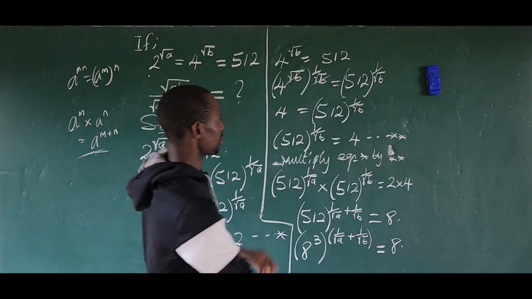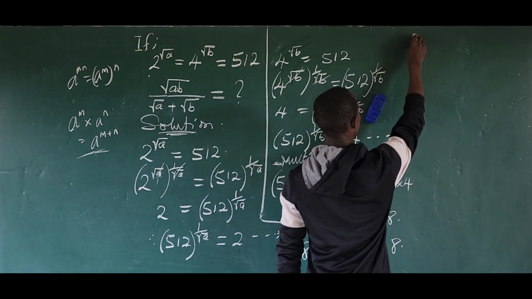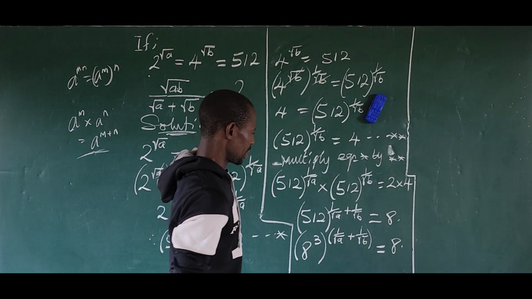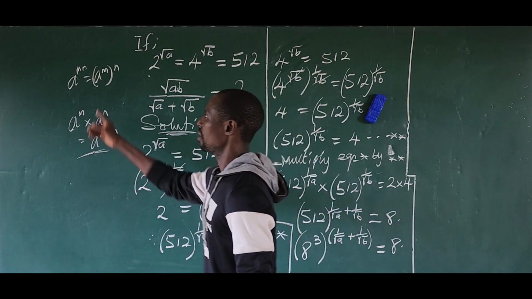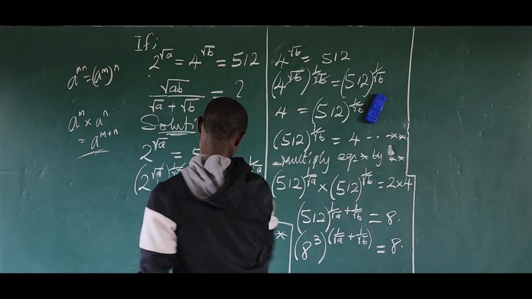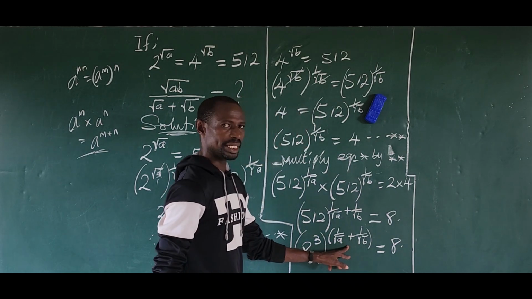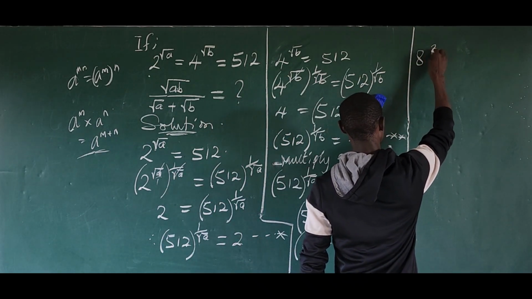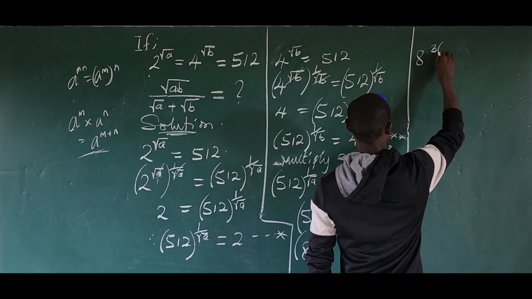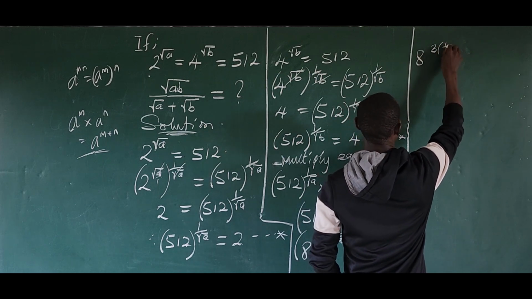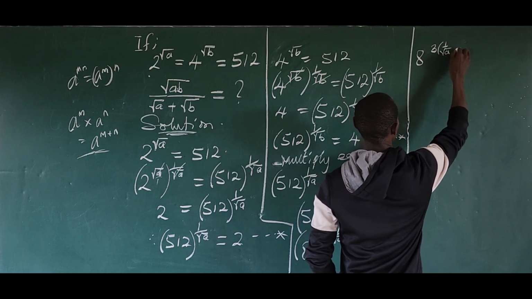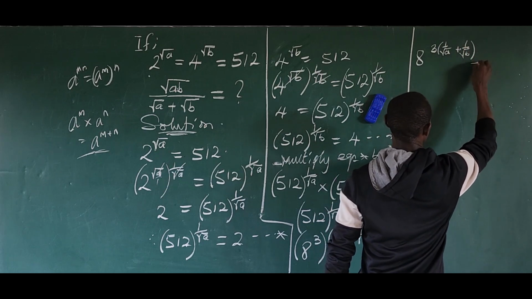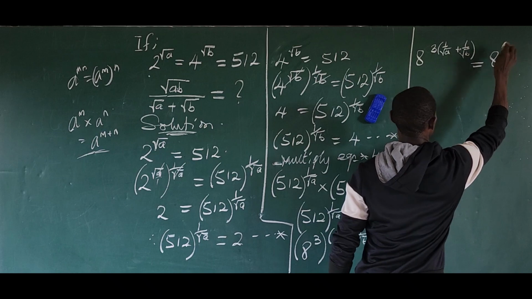All right, now let's continue on this side and see what this gives us in turn. Applying this law again, we can use this to multiply this to give us this. So this is going to give us 8 all raised to 3, then bracket 1 all over root a, then plus 1 all over root b, close bracket, everything equal to 8 to the power of 3, right?